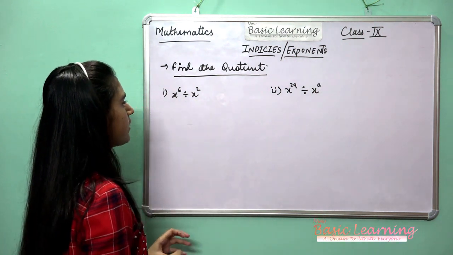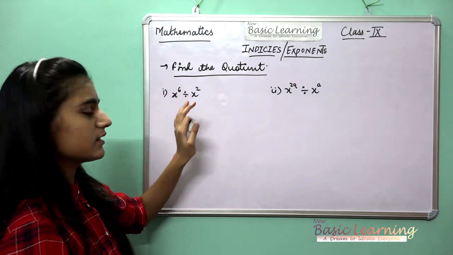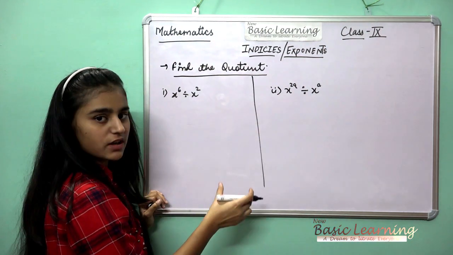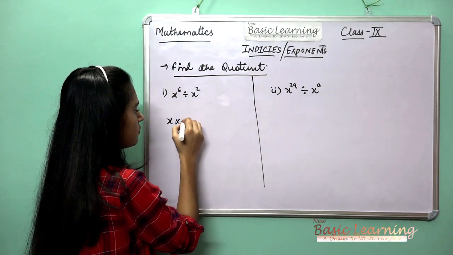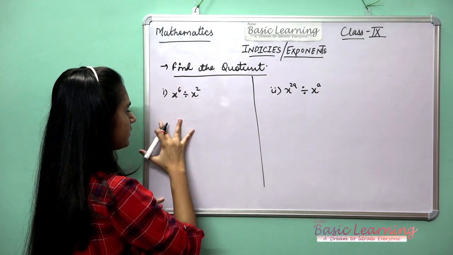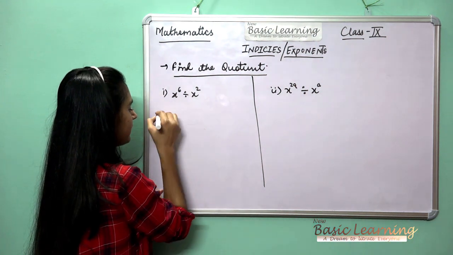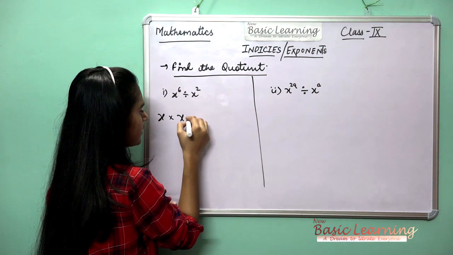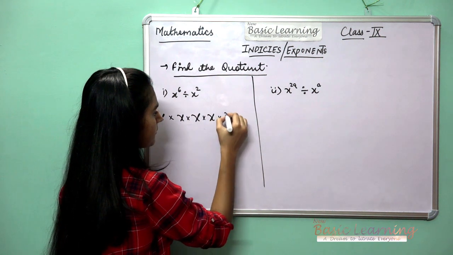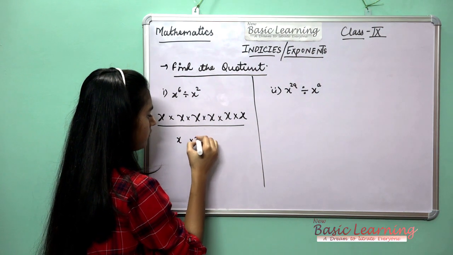Here the first question I have taken is x to the power 6 divided by x to the power 2. The same formula we are going to apply, which I told you before: x into x into x into x into x into x upon x into x.